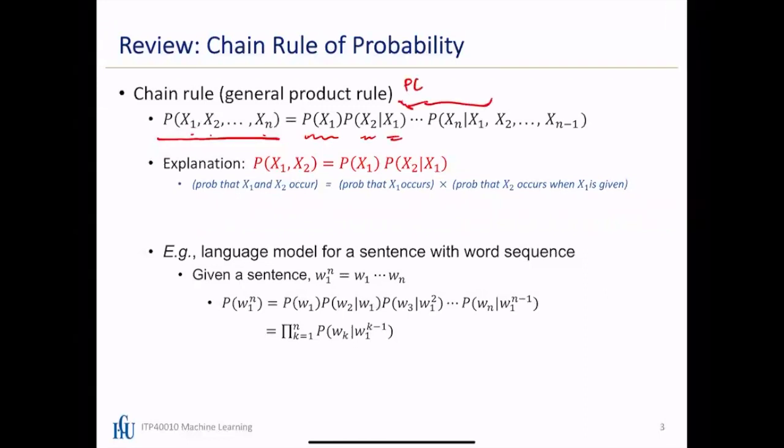And the next one, yet another variable given all the previous ones, multiplied by the next variable given all the previous ones, and so on. So at the end of the day, you will have n different probability terms.